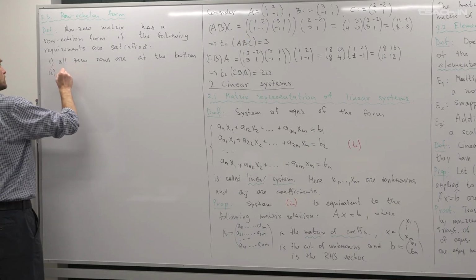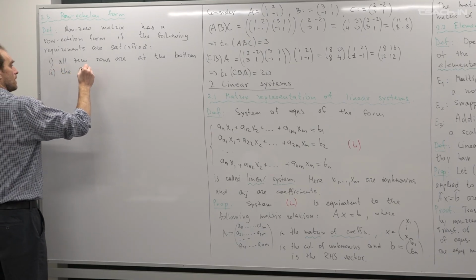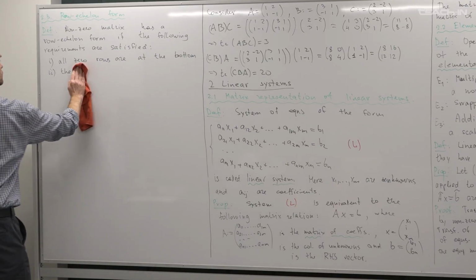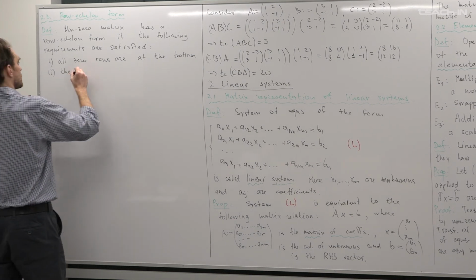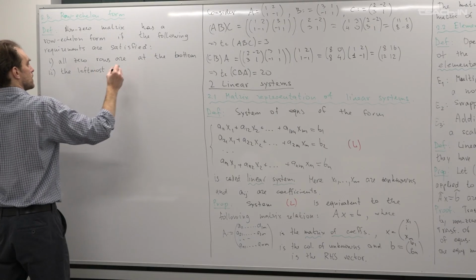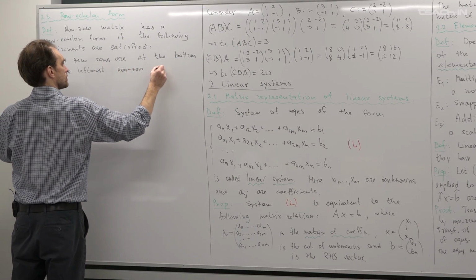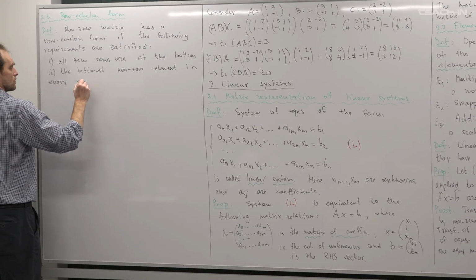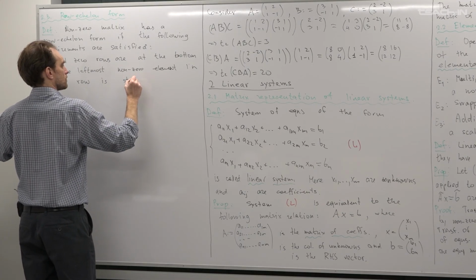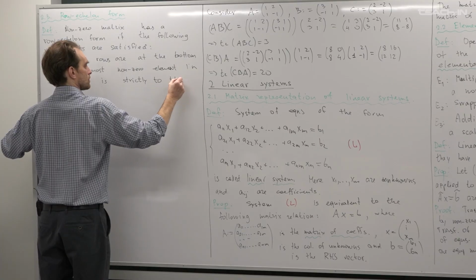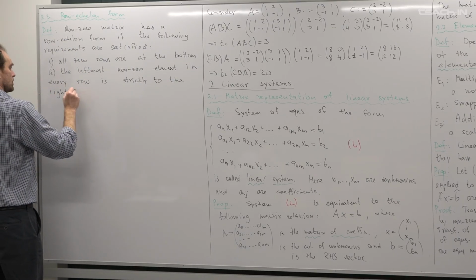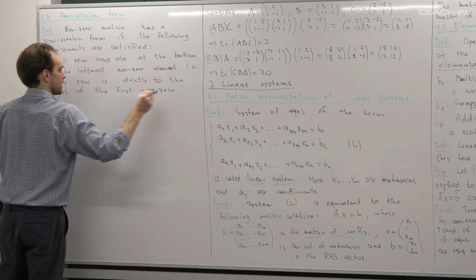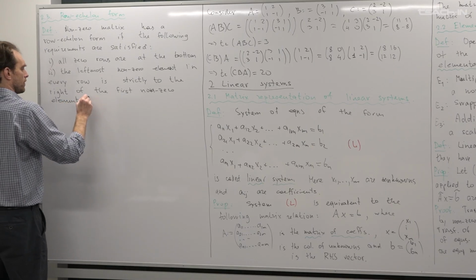And so the first, or maybe better to say not the first, but the leftmost non-zero element in every row is strictly to the right of the first non-zero element in the previous row.